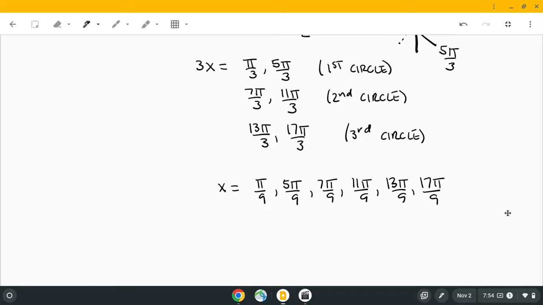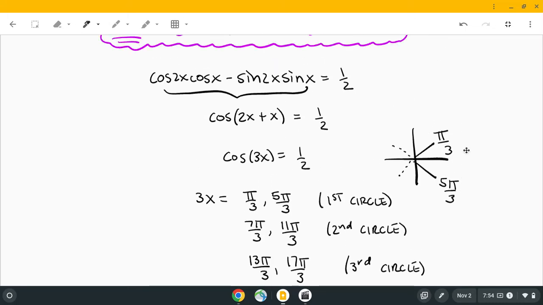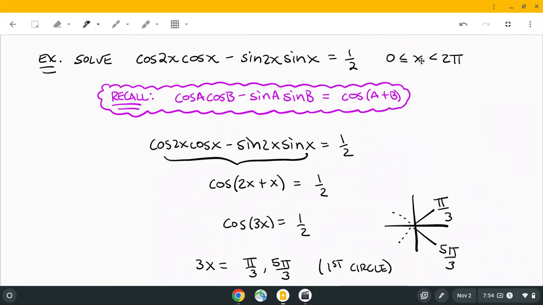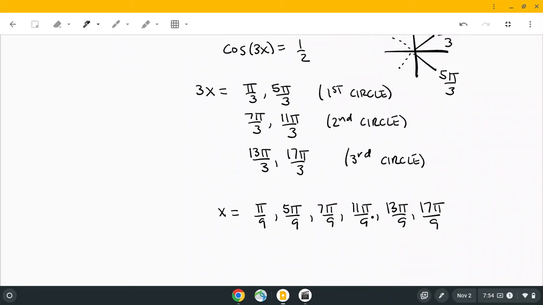We can see here that this is just shy of 2 pi, and that is our restriction. Your x values should be somewhere between 0 and 2 pi. All of these are between 0 and 2 pi because this would need to be 18 in order for this to be 2 pi.